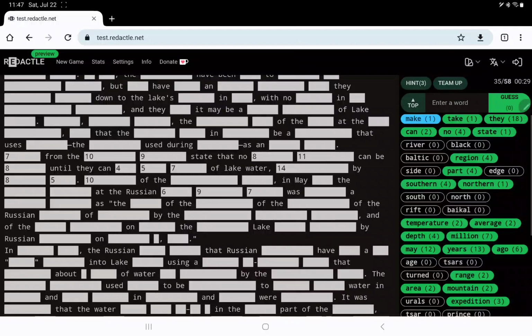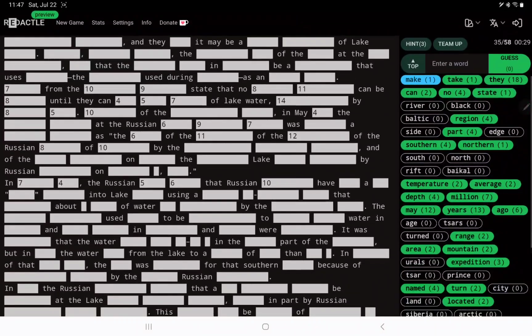At the Russian something. In some area, the Russian 5, 6, that Russian blank have something by the 12, 5.